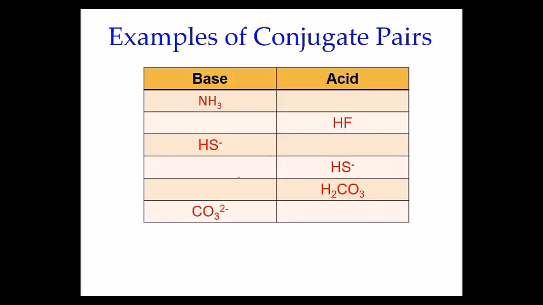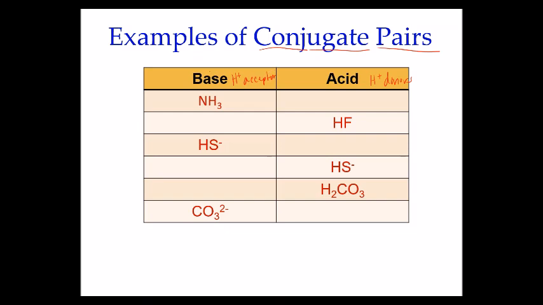Quick review of examples of conjugate acid-base pairs and how to work them. Remember the Bronsted-Lowry definition: you have your H+ donors and you have your H+ acceptors over here. So when we're working with that, that creates these conjugate acid-base pairs.